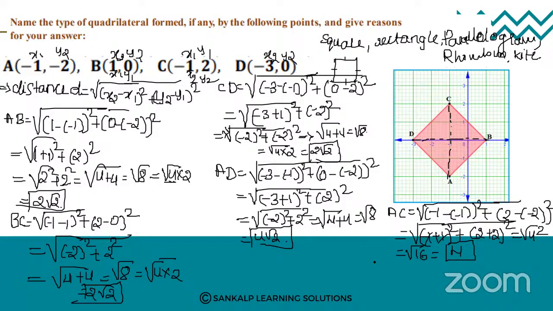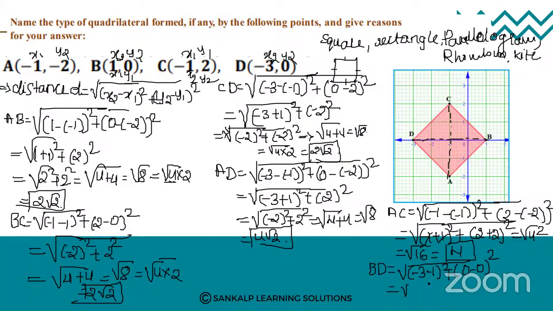Now find out the value of BD. Okay, BD is also a diagonal. So to find BD, considering from B to D, this is x1, y1 and this is x2, y2. Therefore the x2 value is minus 3 and the x1 value is minus 1 whole square, plus the y2 value is 0 minus 0.